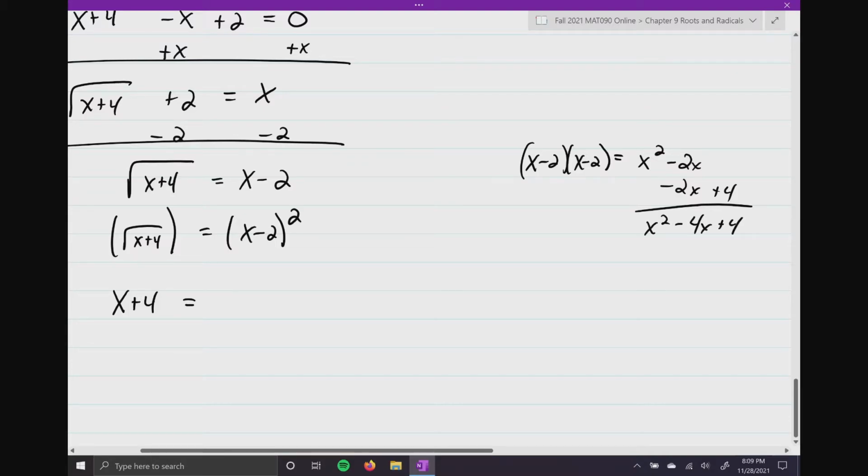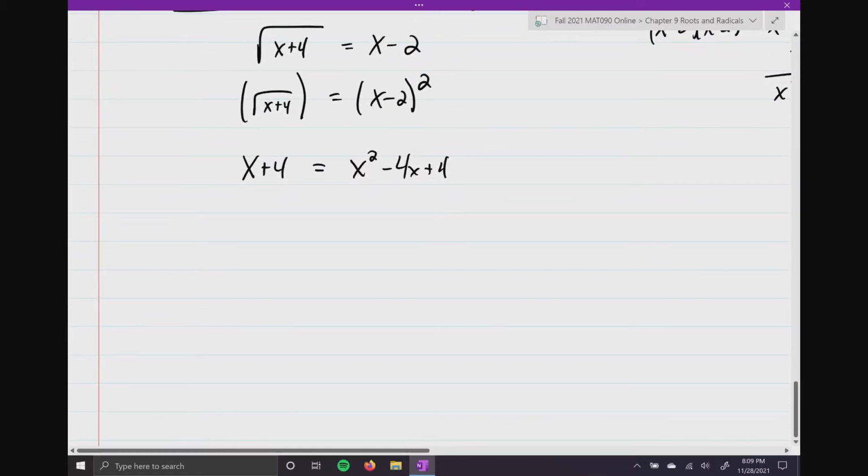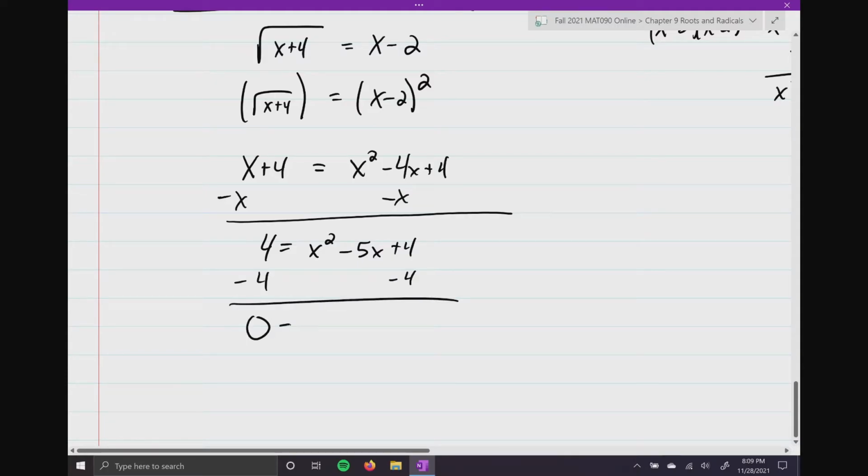So that gives me x squared minus 4x plus 4. Okay, I notice quadratic, so I'm going to set this equal to 0 and go ahead and solve. So I subtract x from both sides. That's going to give me 4 equals x squared minus 5x plus 4. Subtract 4 from both sides. That gives me 0 equals x squared minus 5x.